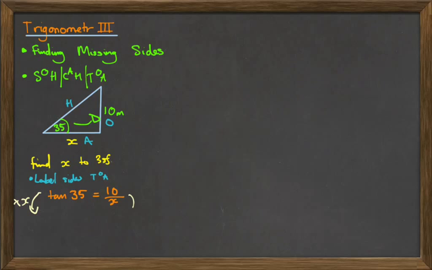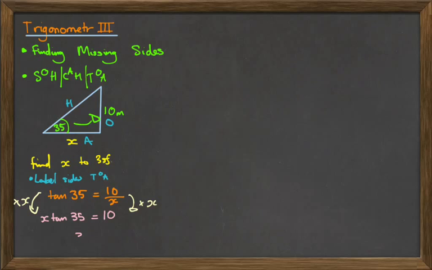If you multiply the right hand side by x, then you're just left with 10. If you multiply the left hand side by x, you'll be left with x tan 35. So x tan 35 is equal to 10.